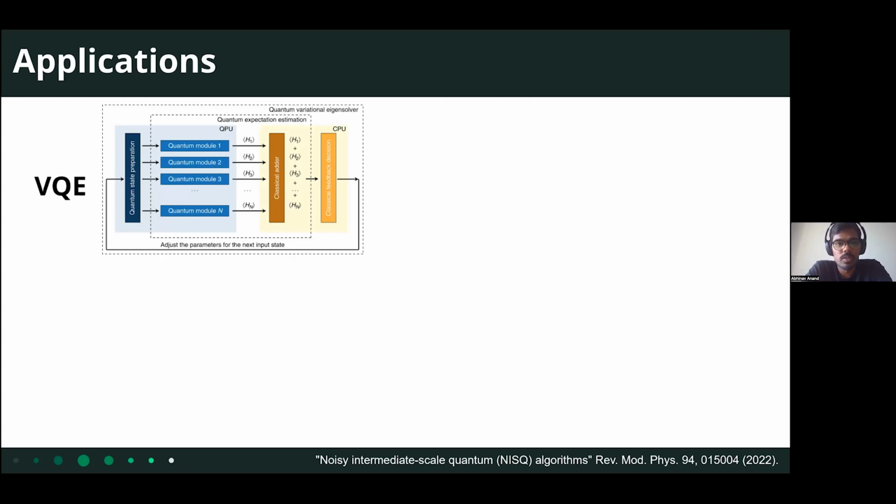This is called the VQE, where you write the molecular Hamiltonian, and the objective function there is to minimize the energy of your guess function, and you keep on minimizing until you reach the ground state approximation of your molecule. So this was one of the first proposals.